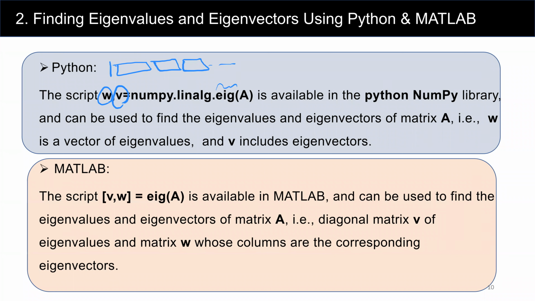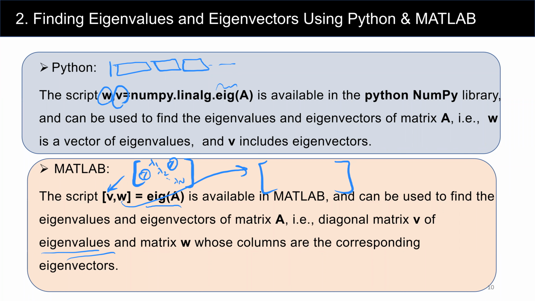In MATLAB, however, we have V and W. So we say [V, W] = eig(A), and it can be used to find eigenvalues and eigenvectors. V here is a diagonal matrix, which means all the off-diagonal entries are 0, where lambdas are on the diagonal. Lambdas are the eigenvalues of this matrix. And W, again, is a matrix.